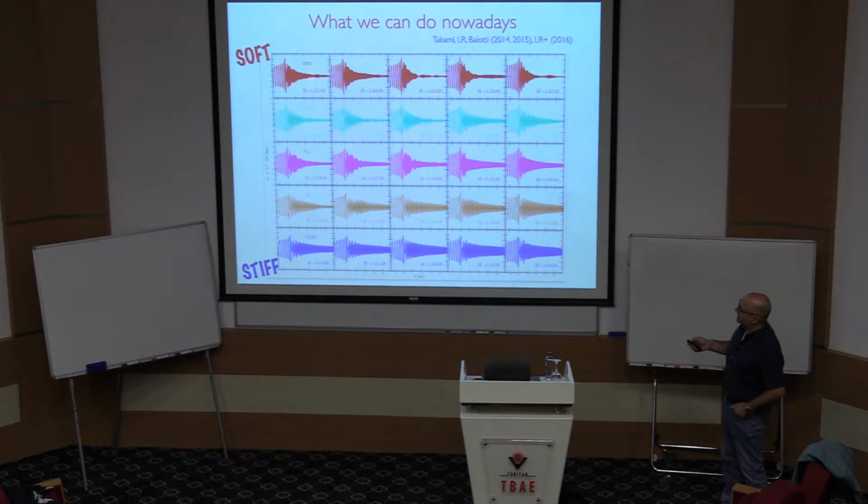Another thing you can notice is that the frequency of the gravitational wave signal after the merger for a soft equation of state is higher than for the stiff. You can tell that here you cannot distinguish the different peaks. Here you can still see the different peaks. Okay, so this is high frequency, this is low frequency. Another thing you can notice is that this object, for a sufficiently high mass, after 25 milliseconds collapses to a black hole.